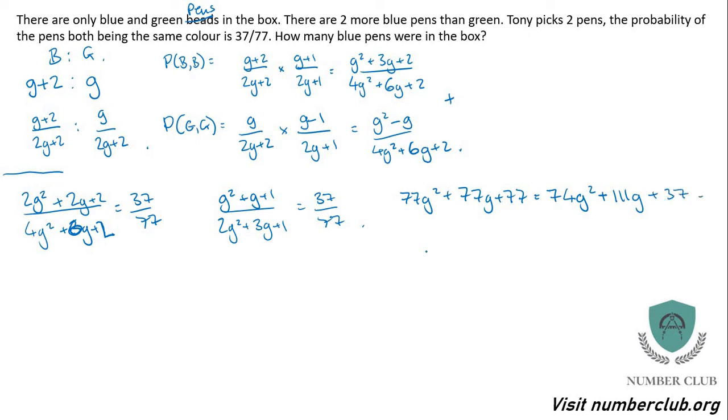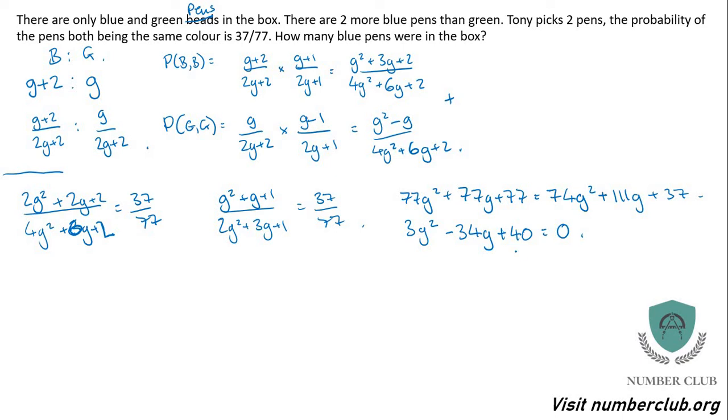Collect everything to the left hand side, because this is a larger coefficient of G squared, so moving everything to the left hand side would work best. So we'll have 3G squared, then we've got 77 subtract 111, which is minus 34G, and then we've got 77 take away 37, which is 40.